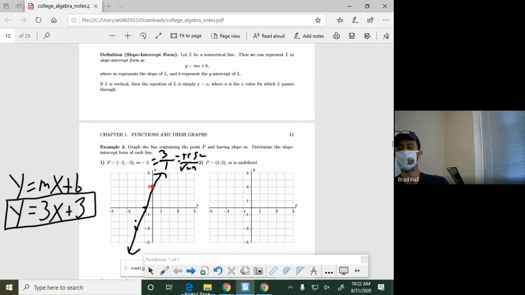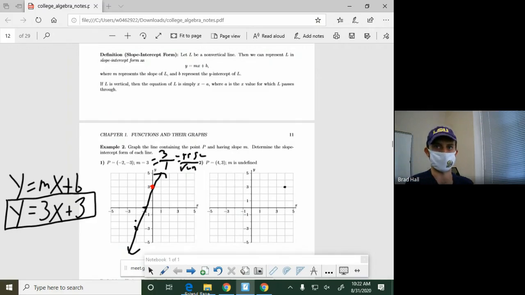Now, problem 2 here, it gives us a point, and then it says that the slope is undefined. All right, well, let's plot the point. So I plotted the point (4, 3), and it says that the slope is undefined.